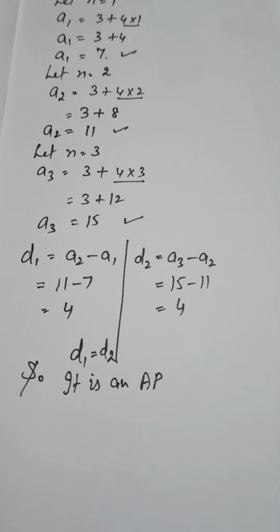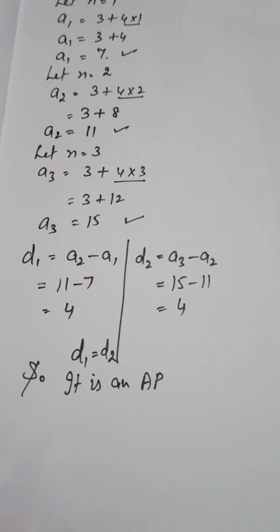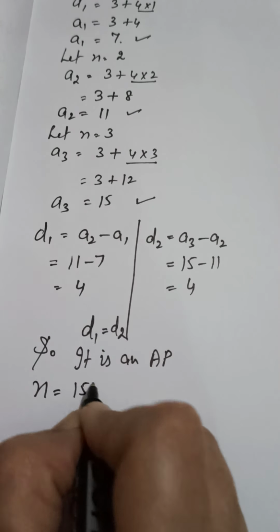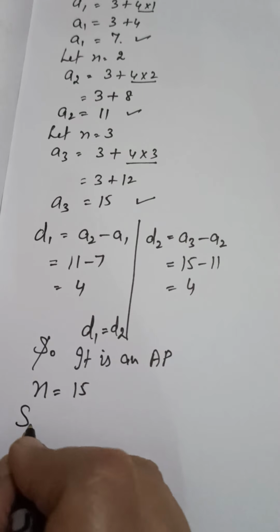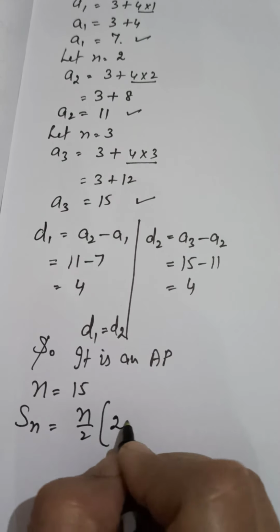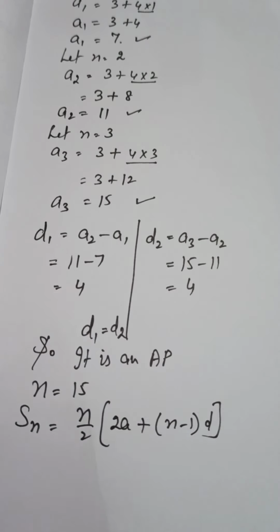First point you have solved. Is it an AP? Solved. It is an AP. Now what you have to solve? Find the sum of first 15 terms. That means n is given to you as 15 and you have to find Sn. Sn is equal to n upon 2 times 2a plus n minus 1 into d.